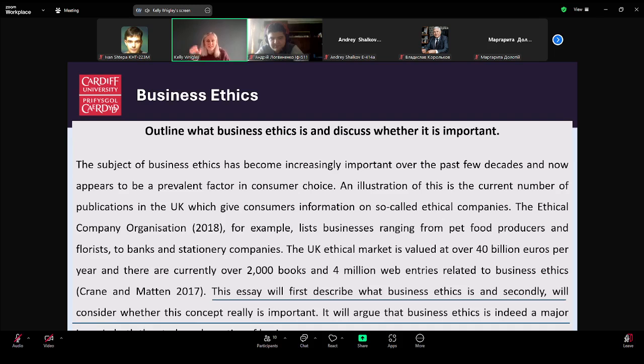The first part will be a description and decide if this concept is important. And then it will argue, which tells you the stance. So you've got the organization of the essay there, and then the feeling, the stance of the writer. This writer believes that business ethics is important in the study and practice of business. So this part of the introduction is really useful for the reader, telling you about the organization and the side that the essay will argue.